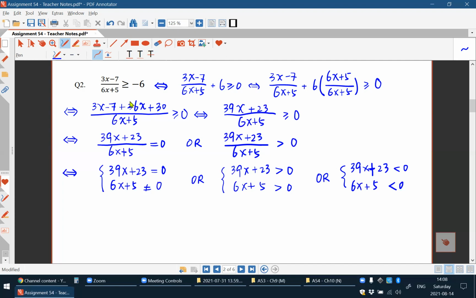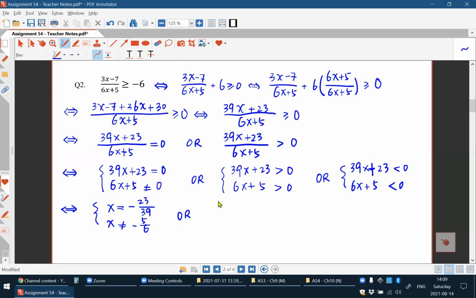So the original problem is decomposed into these 3 sub-questions. First, you can easily solve that x equals minus 23 over 39. And at the same time, x cannot be minus 5 over 6.